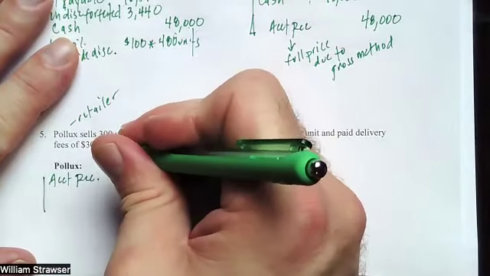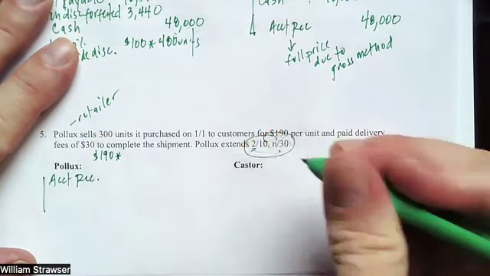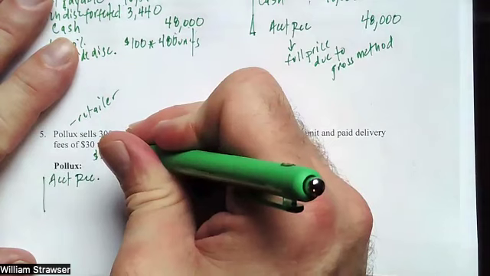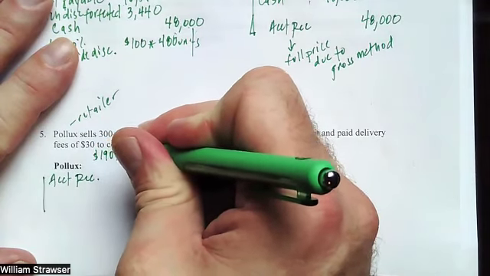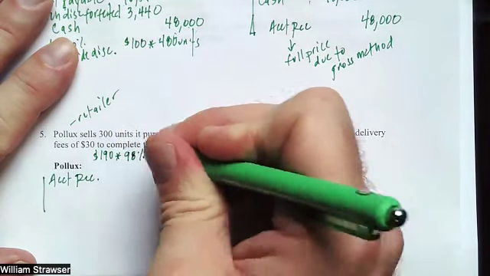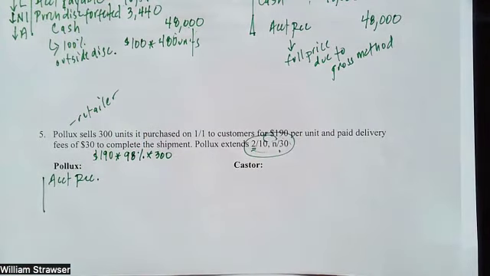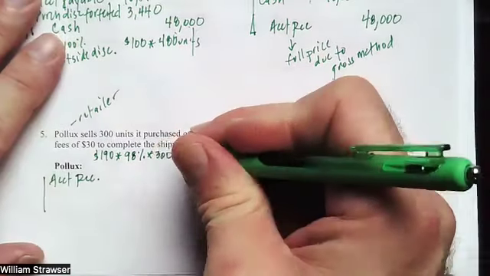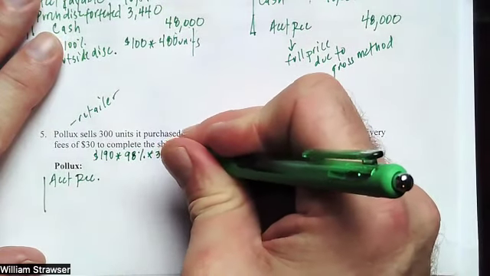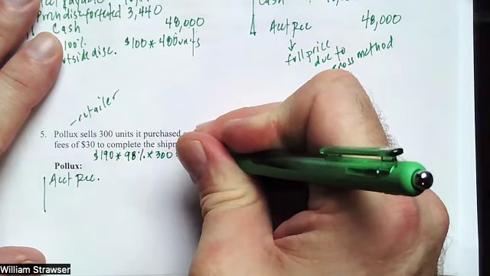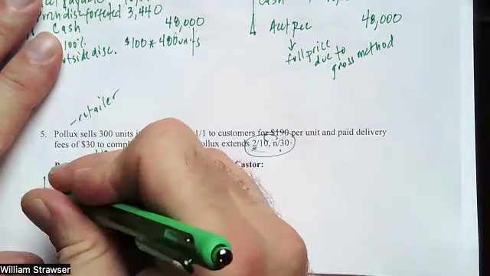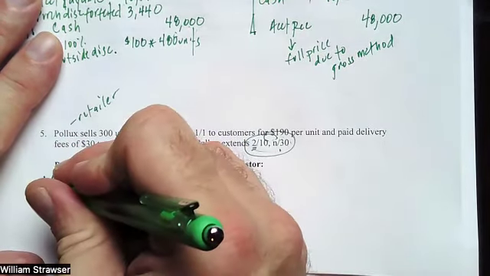But because they use the net method, they'll assume that their clients are going to take that 2% discount. So we should only have 98% remaining. And we sold 300 units. So we just do that math, take that product, and that is 55,860 for the receivable and the sales revenue.